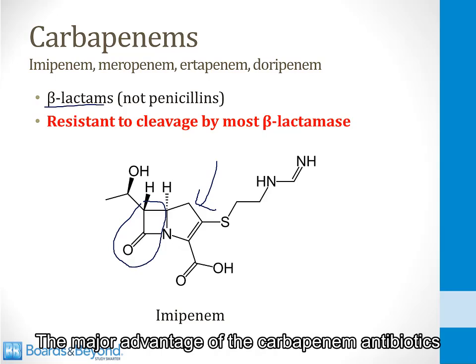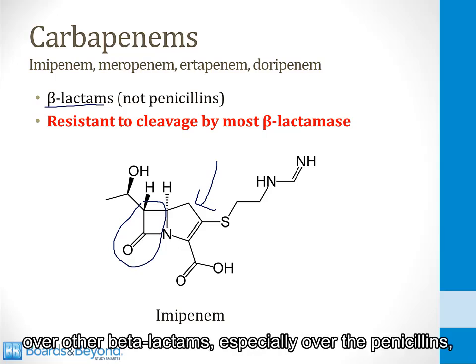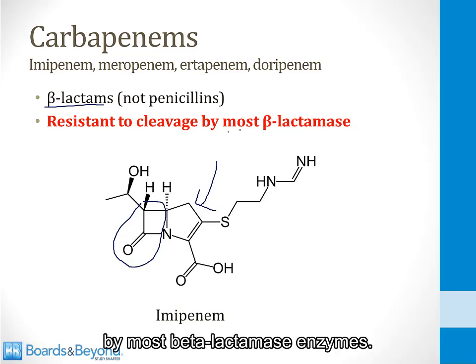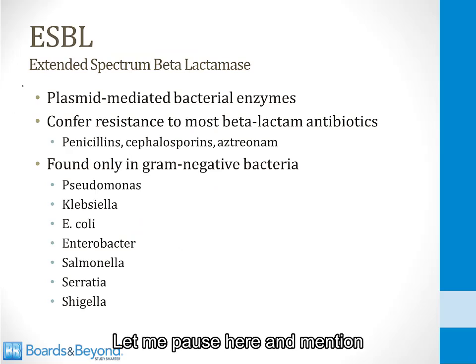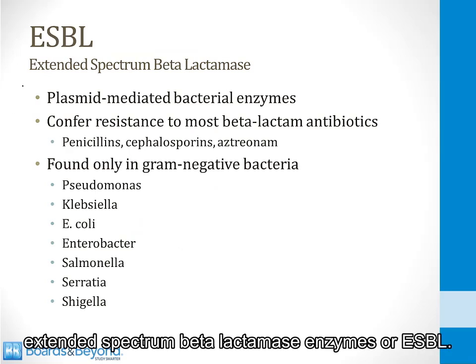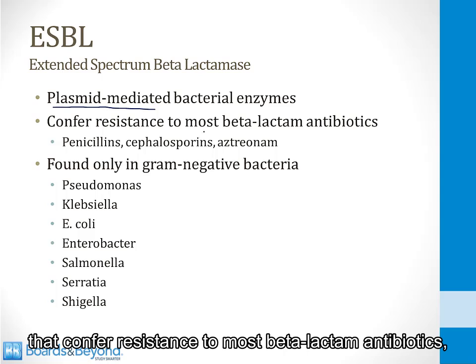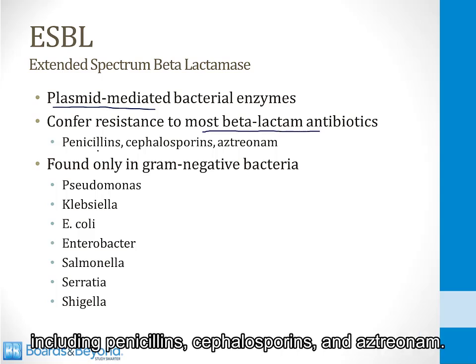The major advantage of the carbapenem antibiotics over other beta-lactams, especially over the penicillins, is that the carbapenems are resistant to cleavage by most beta-lactamase enzymes. Let me pause here and mention extended spectrum beta-lactamase enzymes, or ESBL. These are plasmid-mediated bacterial enzymes that confer resistance to most beta-lactam antibiotics, including penicillins, cephalosporins, and aztreonam.